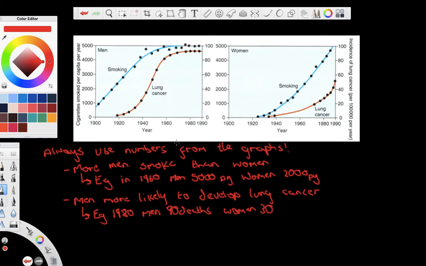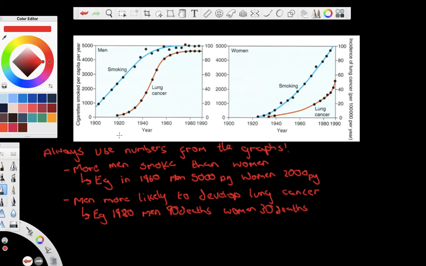So in 1980, there were about 90 deaths per 100,000 people due to lung cancer among men, whereas in women, there were only about 30 deaths due to lung cancer. So we've said that more men smoke than women, and men are more likely to develop lung cancer.